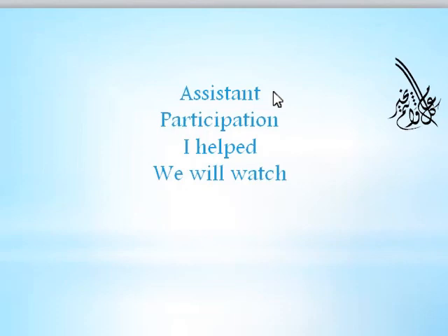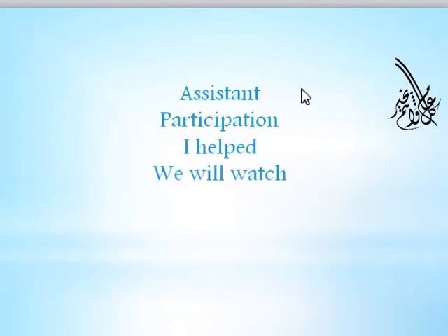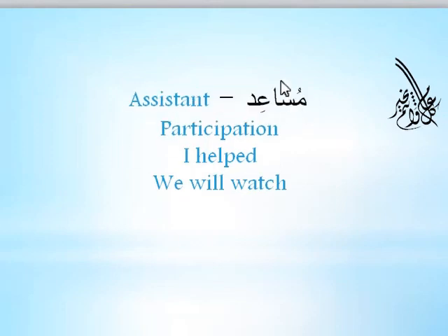Remember what was the verb? The base verb was that. Okay, so we're going to plug that into the active participle form, and we will get musa'id. Musa'id is an assistant. Musa'id Reis. Musa'id Ustad. Okay, assistant.